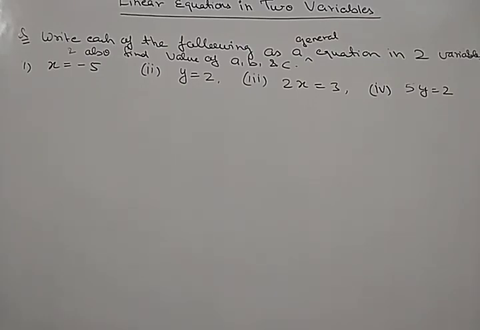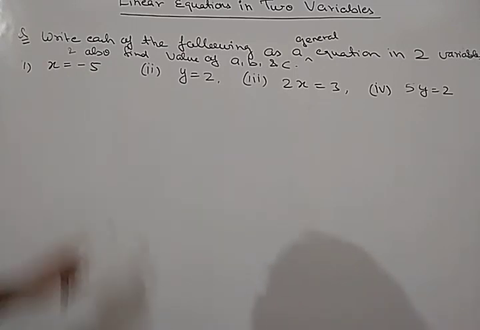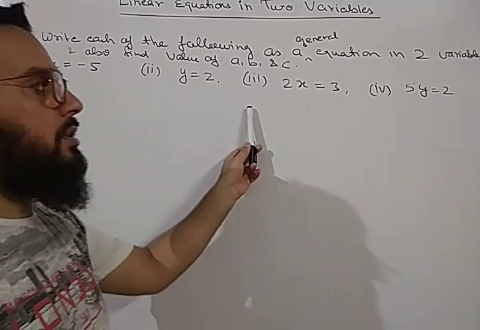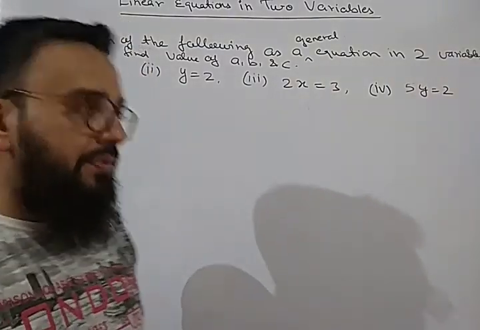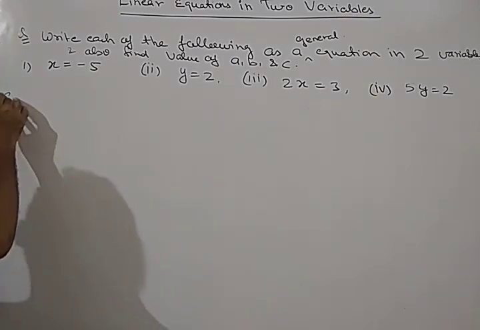So now you can see in the question, in all the parts there is only one variable. In the first part it is only x, in the second part it is only y, in the third part it is again only x, and in the fourth part it is again only y. But we have to convert it in the general form of linear equation. So how will you solve it?